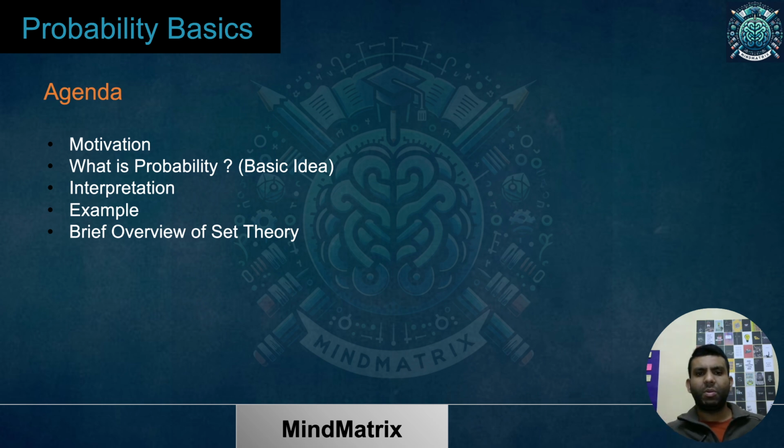Then the different interpretations of probability, and a basic example telling us the different terms involved when we discuss probability. Next we will discuss a brief overview of set theory, which is required here. I'll just brief you around that, as I guess you already have the knowledge around set theory. So let's move further with the topic.